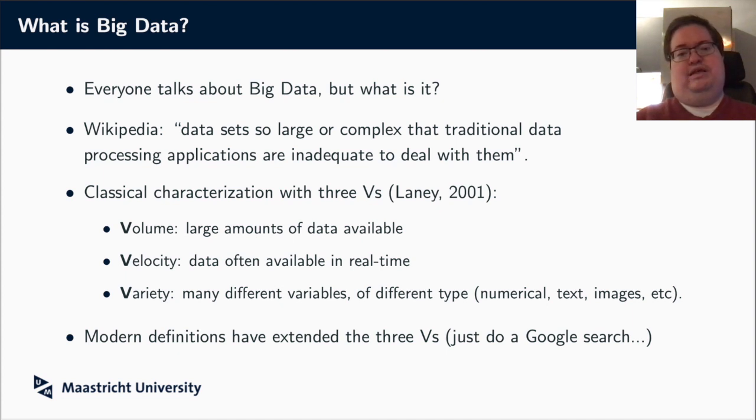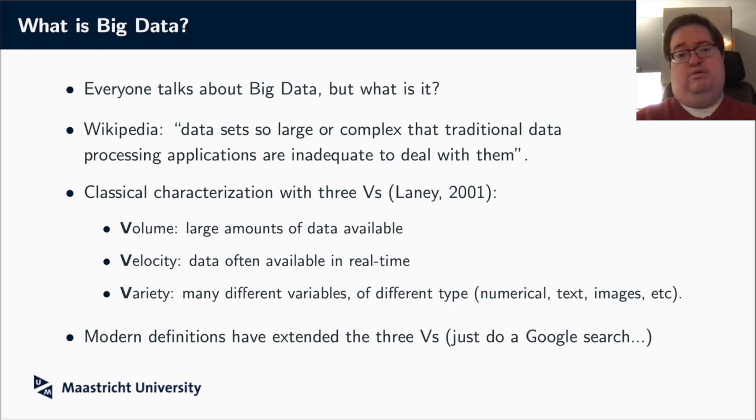There's a classical characterization with 3 V's that may be familiar to you. So characteristics of big data are volume, the large amount of data that are available, velocity, data that are available in real time, and variety, many different variables and even of different types.